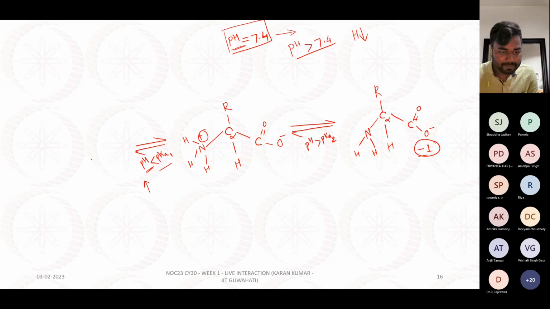When H plus concentration is already higher, the carboxylic group will not lose its proton, right? So in that case, the carboxylic group will hold its proton, and the amino group is already charged.